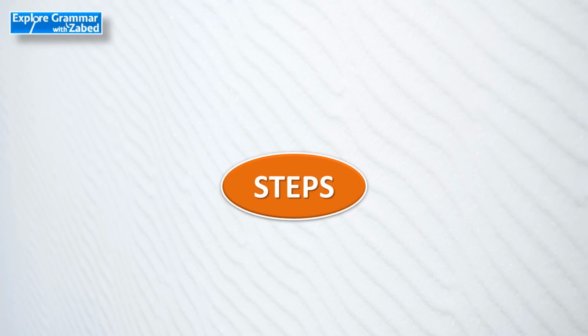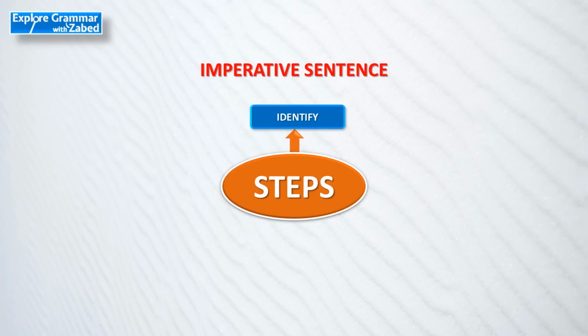Before that, let's understand the steps to convert a speech from direct to indirect speech of an imperative sentence. Step number 1 is to identify. Here, you will identify the subject, object, reporting verb, pronouns of the reported speech, if any, and the time denoting words.